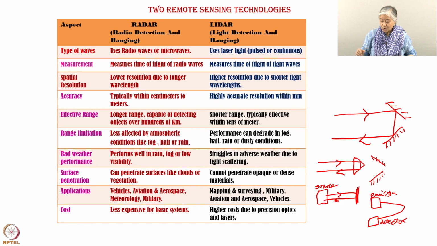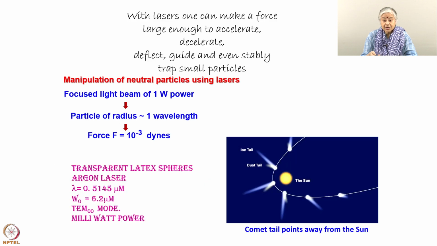Okay. Now we will go on to another property of lasers which we haven't used before. So this property, see, till now we have seen that in medicine the power and the intensity of the laser is important.